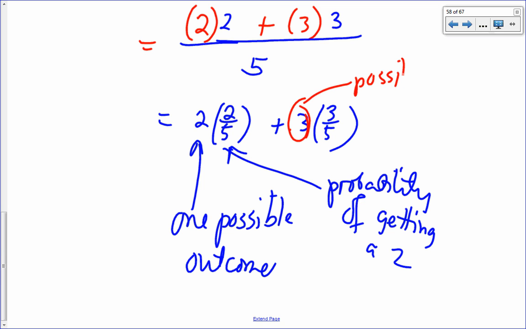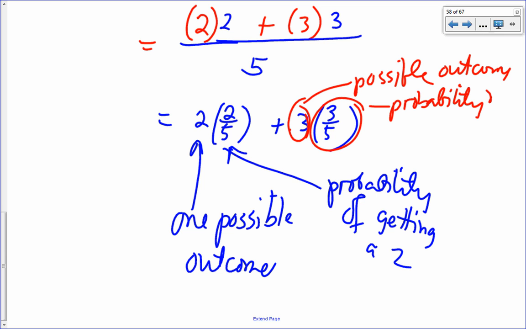It's a 3. 3 is one of the possibilities, right? So possible outcome multiplied by the probability that I'm going to get a 3. So you add up each possible outcome multiplied by the probability of that outcome. That's how you get the average, right?